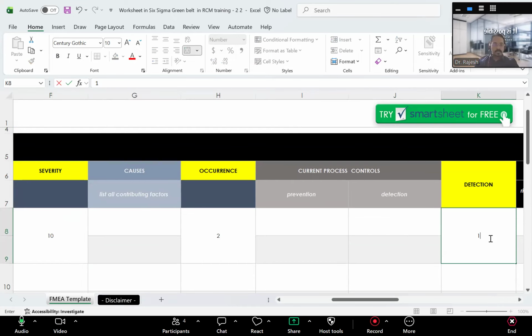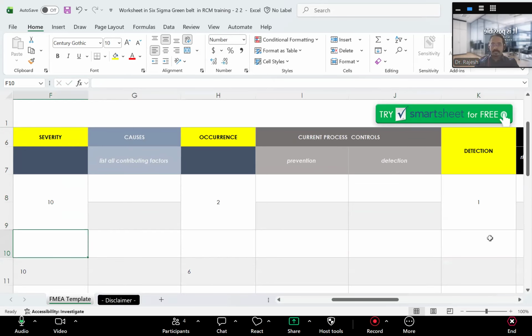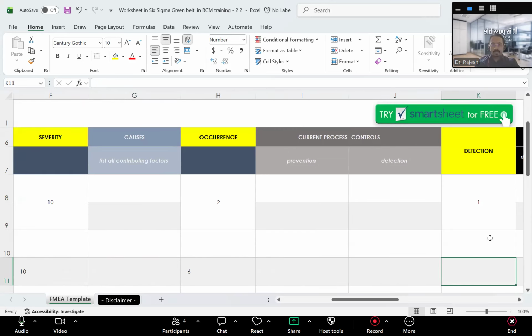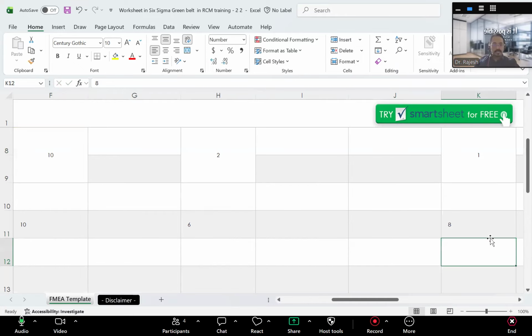For the second combination, this is very important for me, so I put people on to watch it. When 25041 is billed along with the E&M code, my occurrence is higher, as well as my detection rate. Out of 10 times, I am able to identify 8 times. This is very easy to understand.